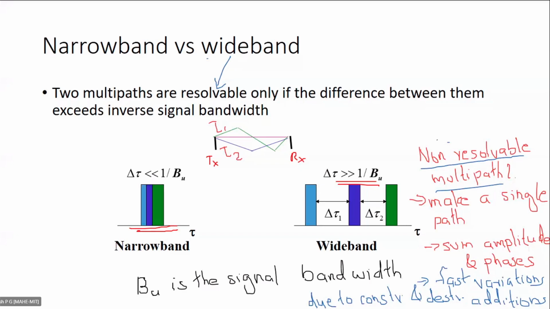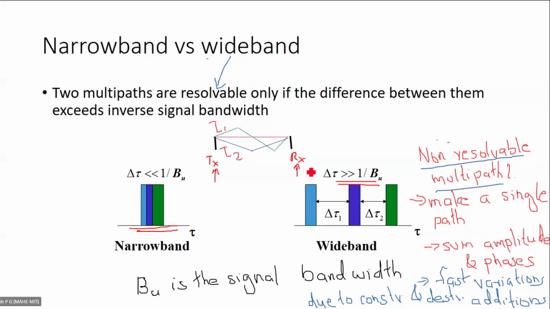So considering the multipath, let us say that you have the transmitter here and the receiver here.